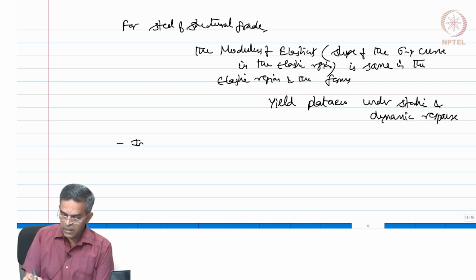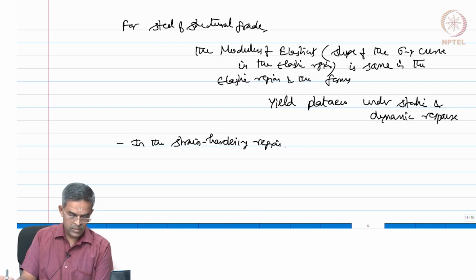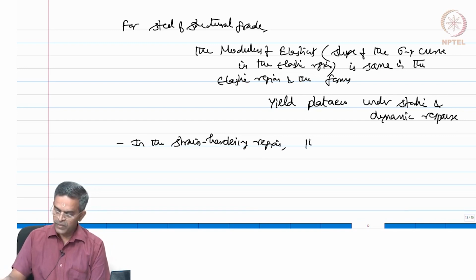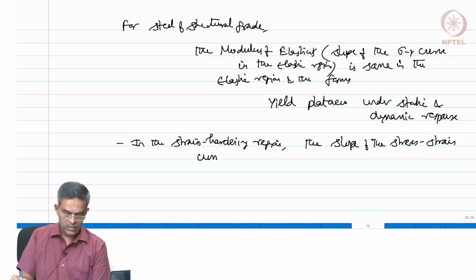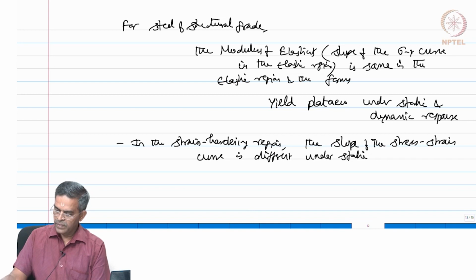In the strain hardening region, the slope of the stress strain curve is different under static and dynamic response.